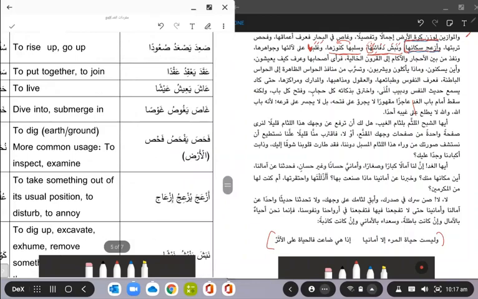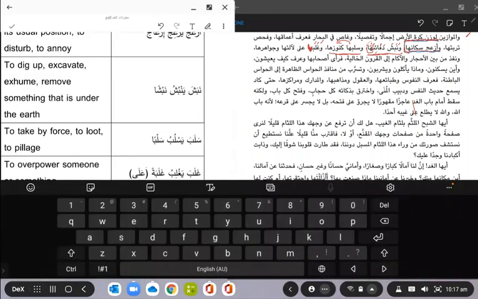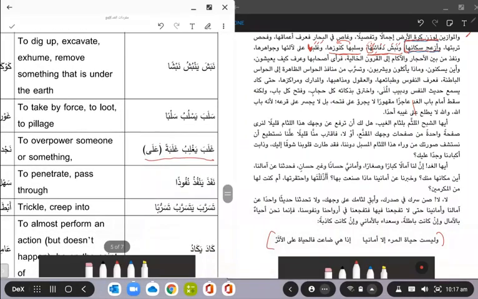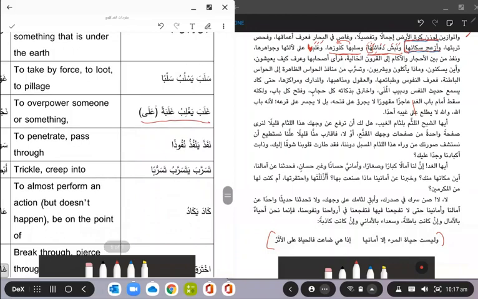Right? He overpowered in the sense that he took them. They couldn't resist. The human being went and discovered these treasures, these pearls, and غَلَبَ عَلَيْهَا, right? He overpowered that, he took it, there was no resistance.